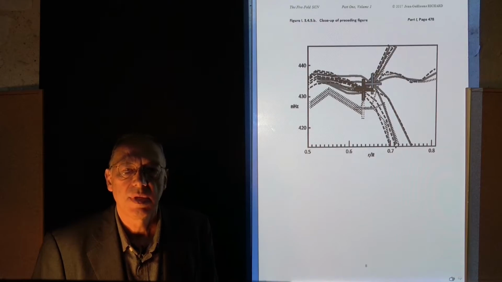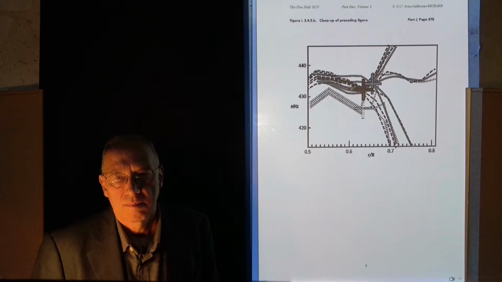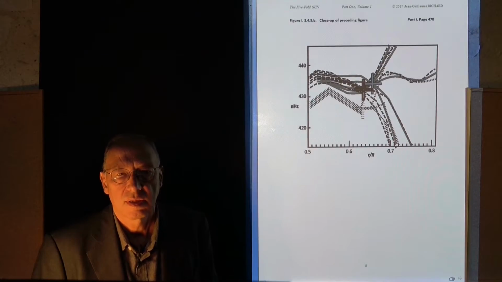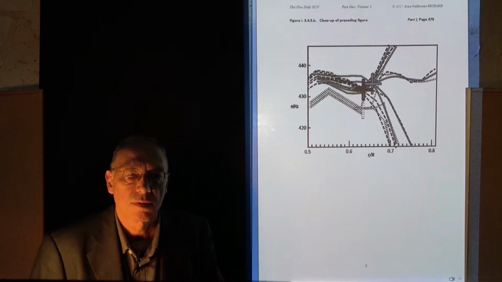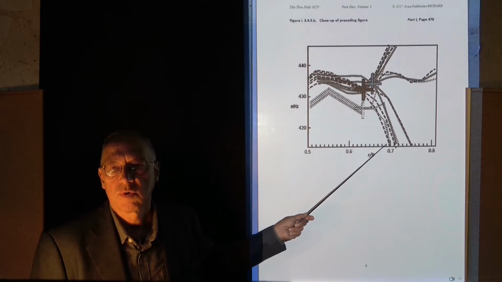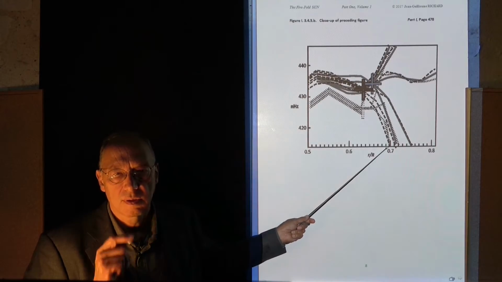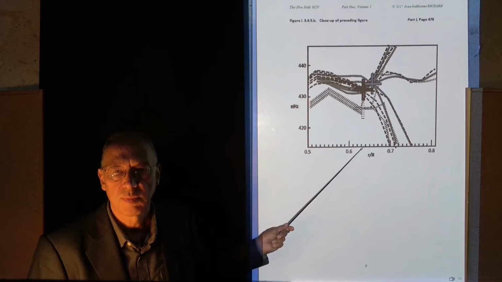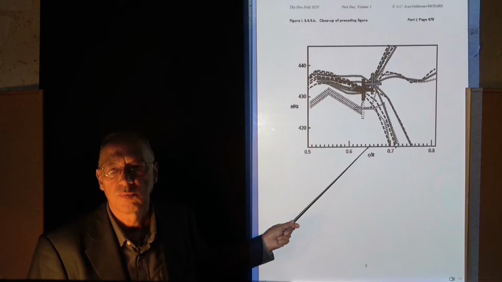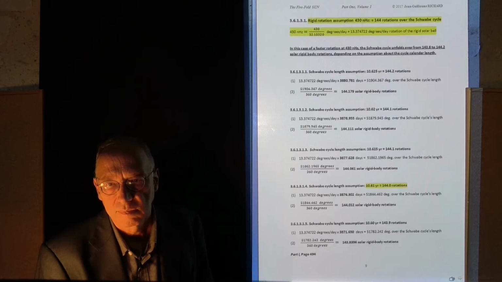A tachocline being a very thin shell in the Sun where there would be a sharp departure between the rigid rotation rate and differential rotation, which according to several authors would be somewhat below 0.7 radius fraction. Here we are much below, at about 0.63 to 0.66 radius fraction.